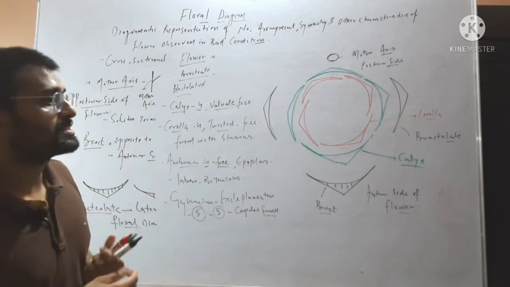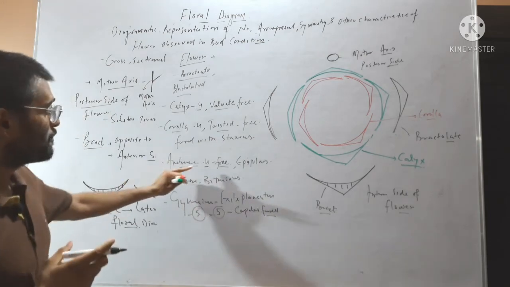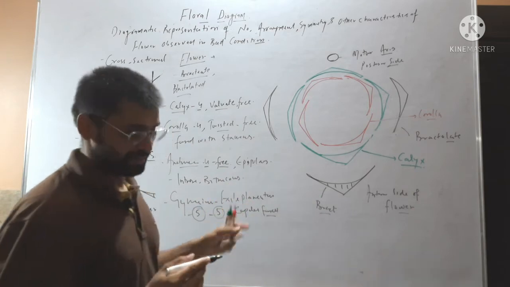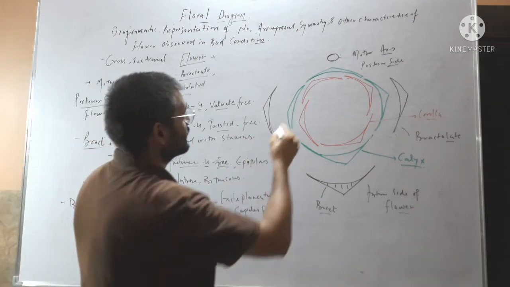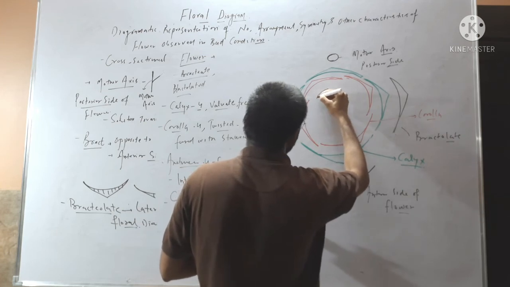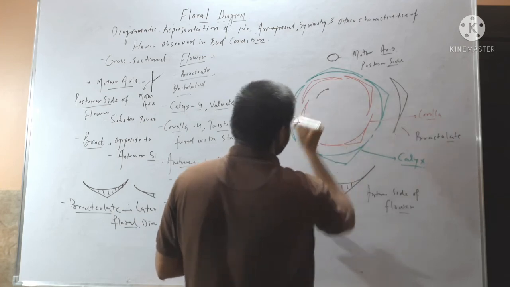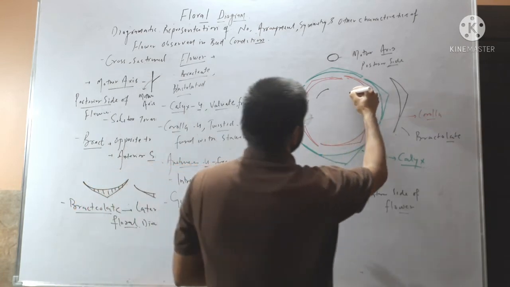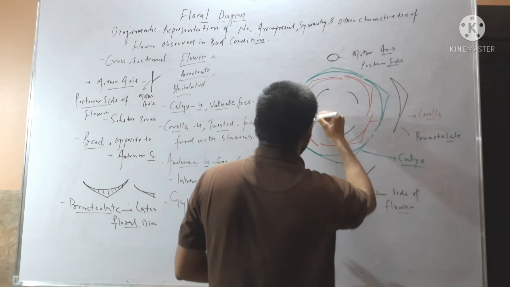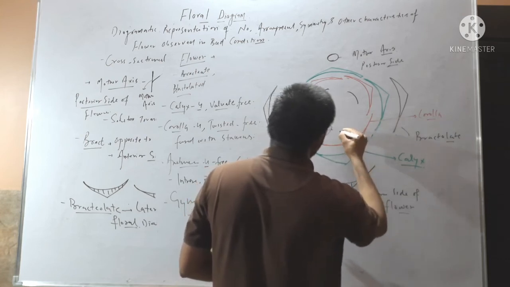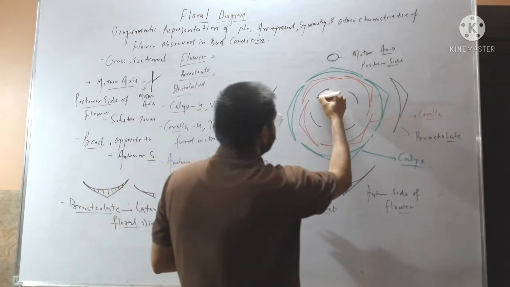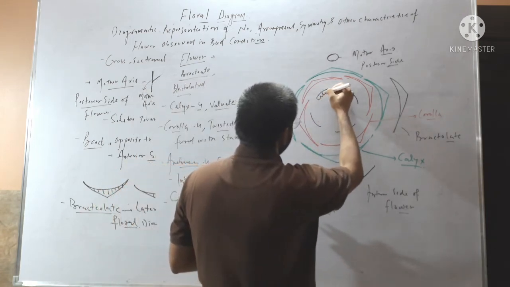Next to this is the androecium. So the number of stamens is 4. They are free, epipetalous, introrse and bithecous. If they are introrse, they will be drawn facing inward. And they are bithecous, so bithecous is drawn like this.